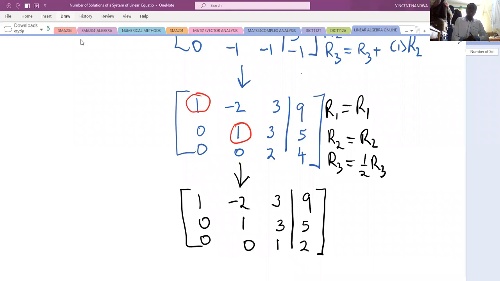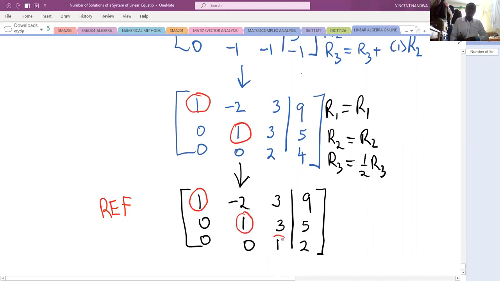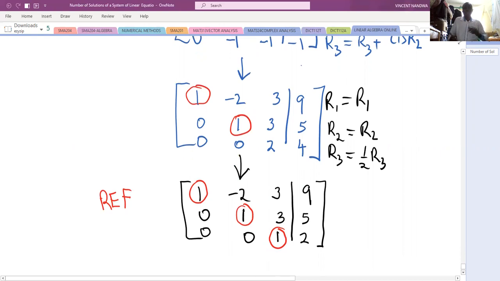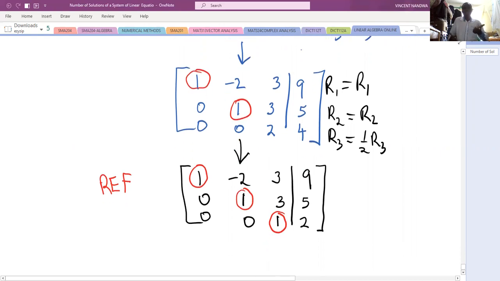So this is in row echelon form, because this is 1, and then this is 1. If you are doing Gaussian elimination, we stop here and rewrite the system, and then use back substitution to solve.